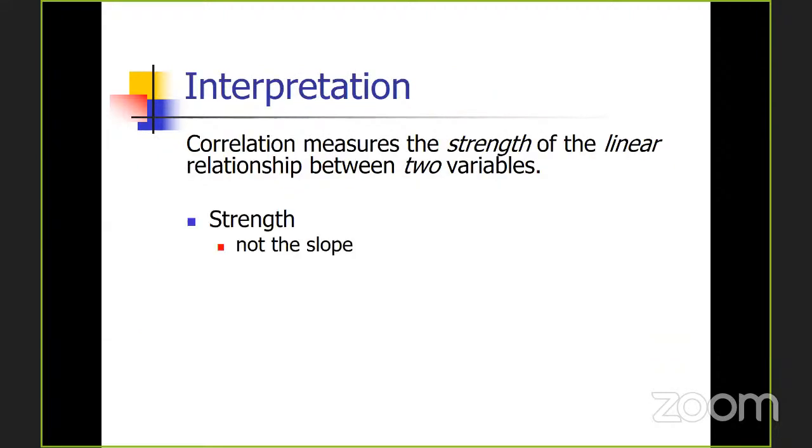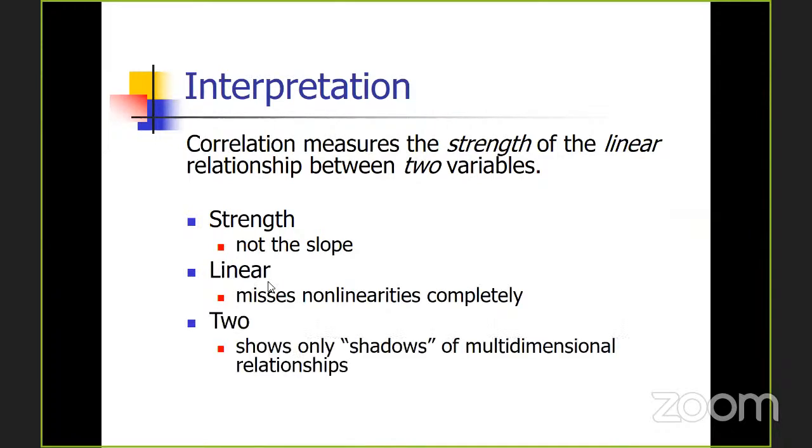So in the correlation, as I said before, you can see the strength of the relationship and you can tell if there's a linear relationship. And that's for any correlation between a pair of values, right?